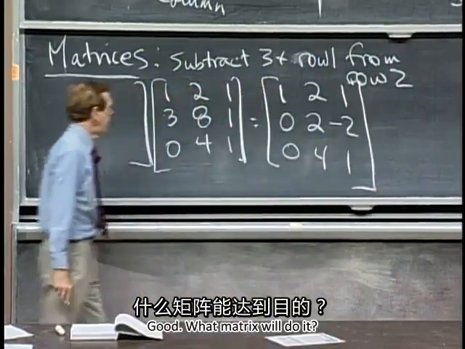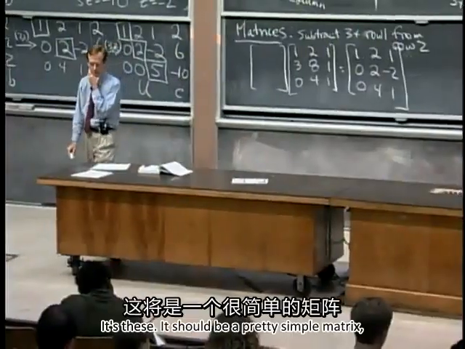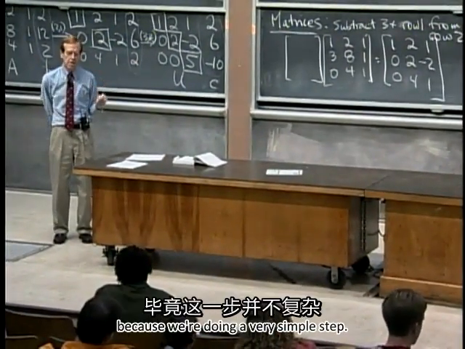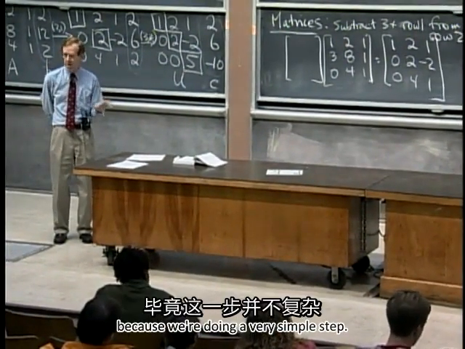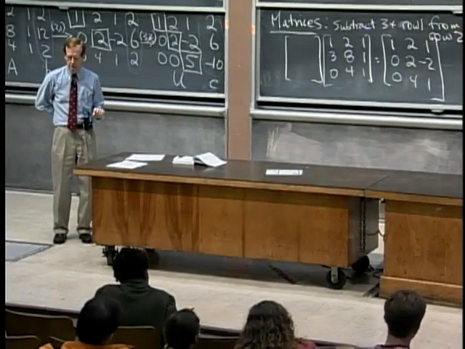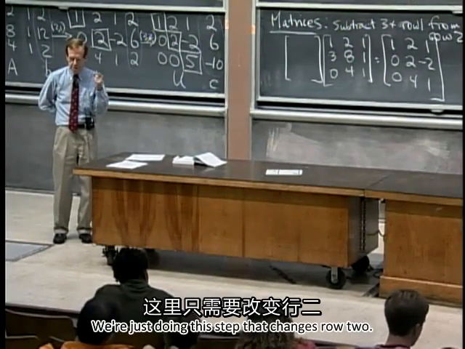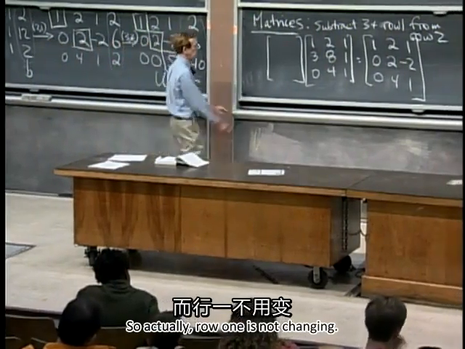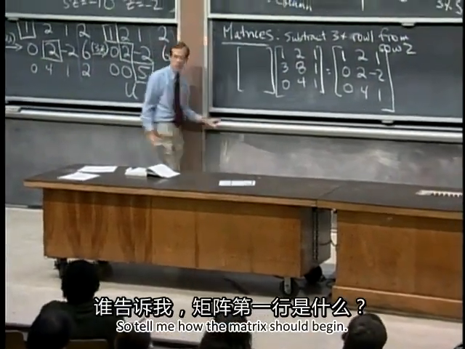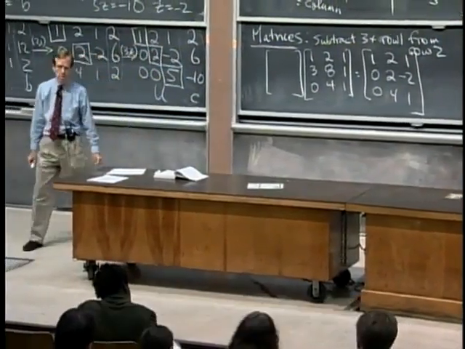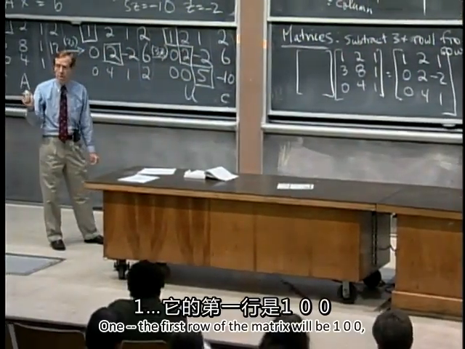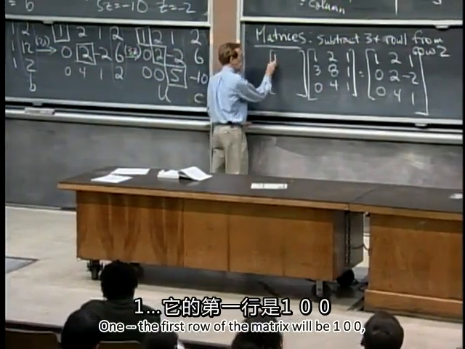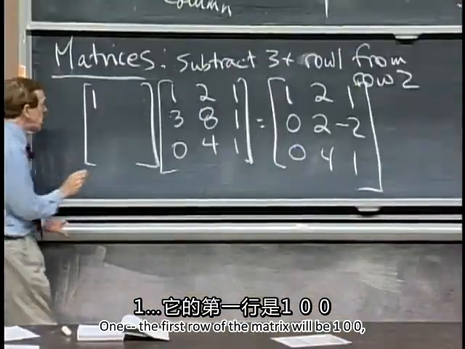Good. What matrix will do it? It should be a pretty simple matrix because we're doing a very simple step. We're just doing this step that changes row 2. So actually, row 1 is not changing. So tell me how the matrix should begin. The first row of the matrix will be 1, 0, 0.